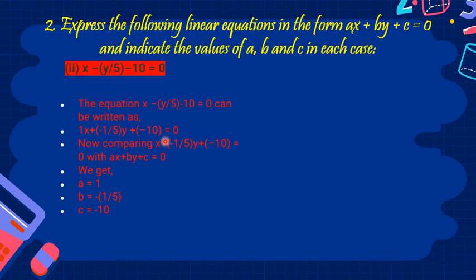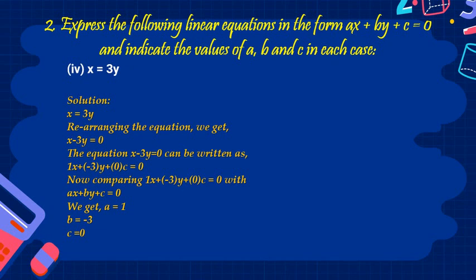Now comparing x plus bracket minus 1 by 5 into y plus minus 10 is equal to 0 with the standard equation, we get 1 is equal to a, minus 1 by 5 is equal to b, and minus 10 is equal to c. Moving to the next equation.